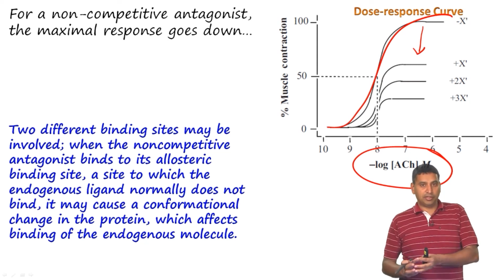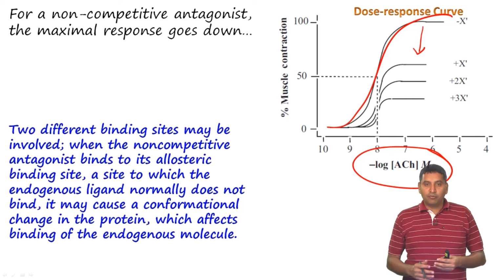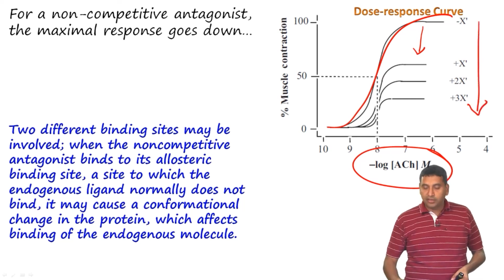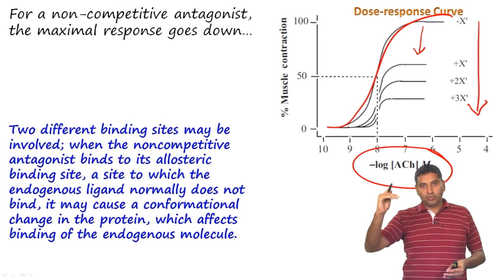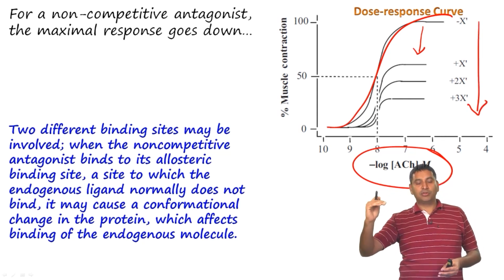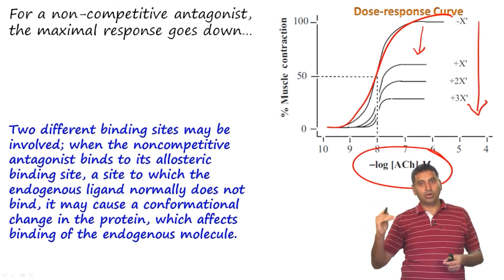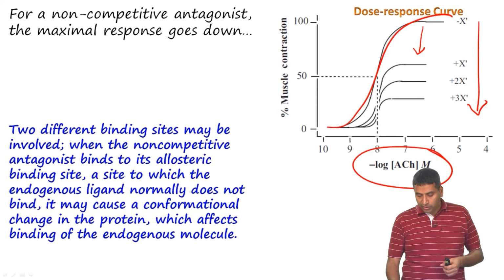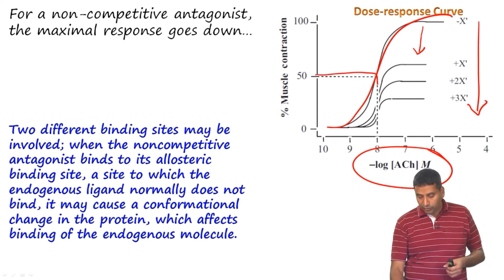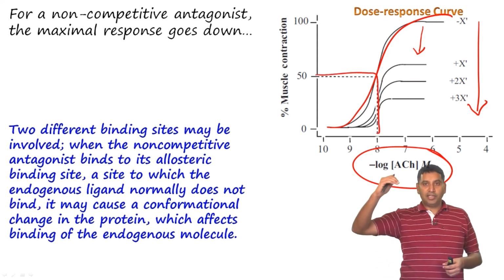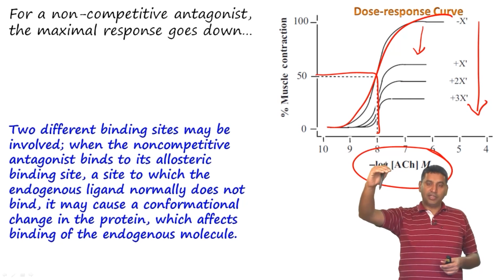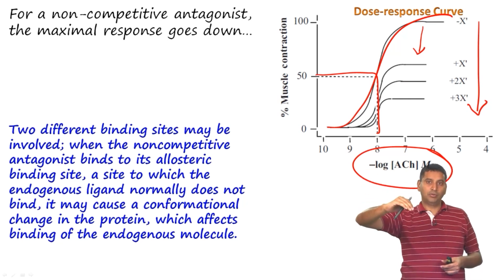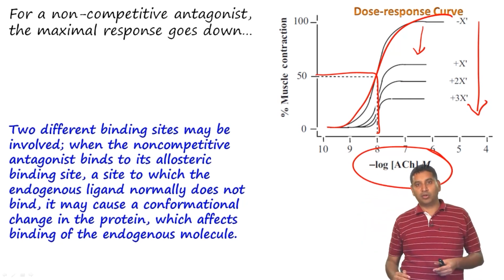And so, with a non-competitive antagonist, the maximal response, in this case muscle contraction, will go down as you increase the concentration of the antagonist. But the IC50 will remain the same, because for IC50 we take the maximum inhibitory concentration and then find 50% of that value, and so the IC50 will remain more or less the same.